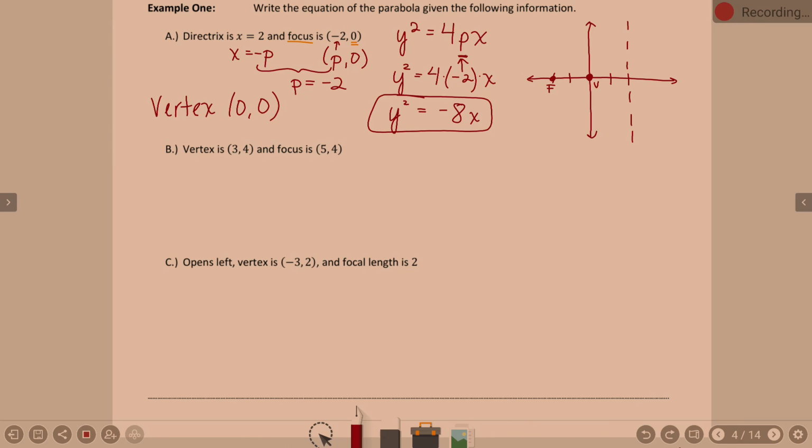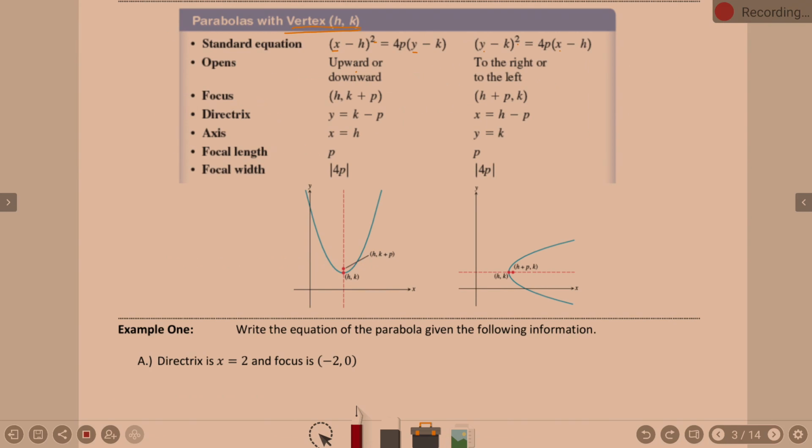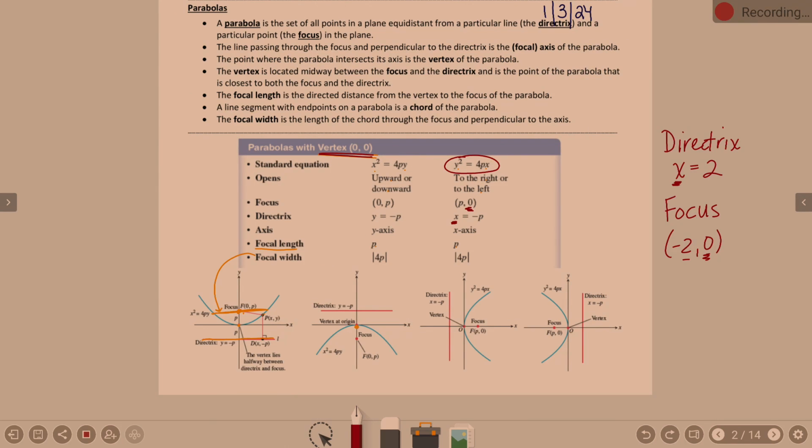Which way is my parabola going to open? Does my parabola go this way or this way? Well, where's the directrix in relation to my parabola?